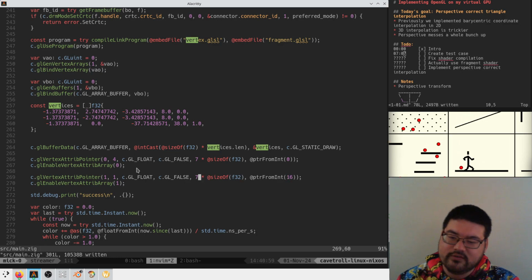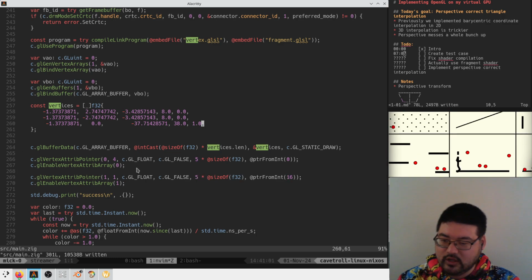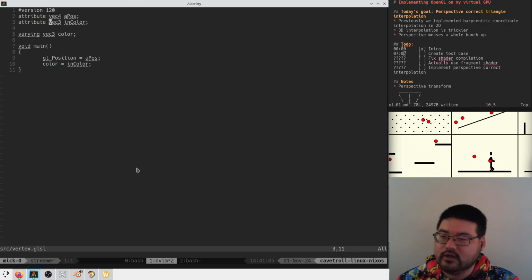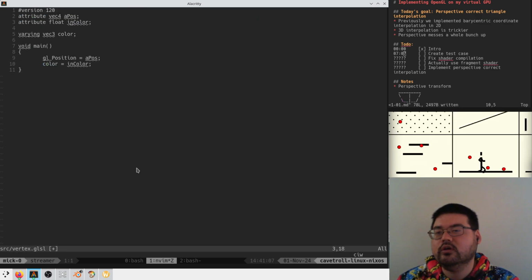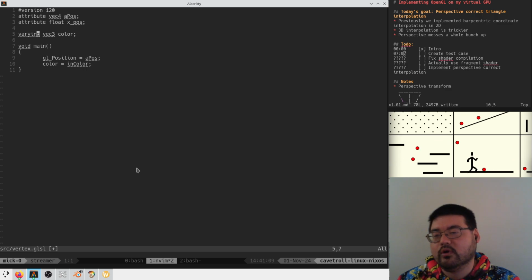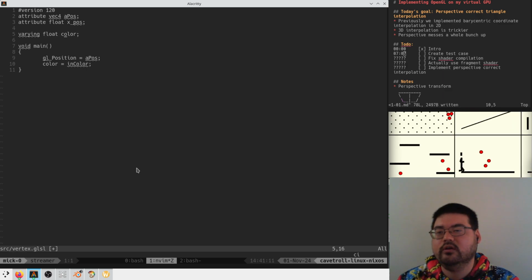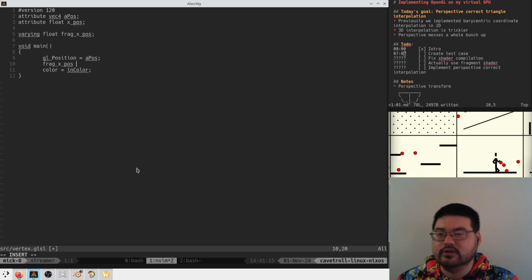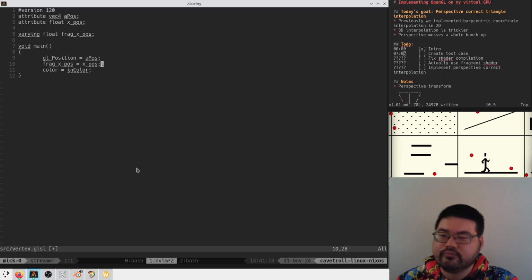And we are no longer 7 offset, we are 5 because we've removed 2 elements here. Our vertex shader is now going to say that our input here is a float, and we are going to output a float as well. Frag x pause, we're just going to go frag x pause equal x pause. Boom.